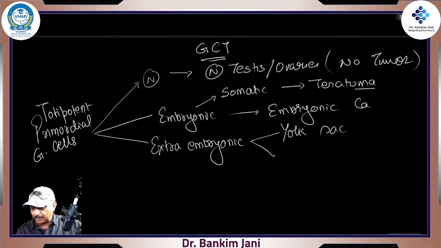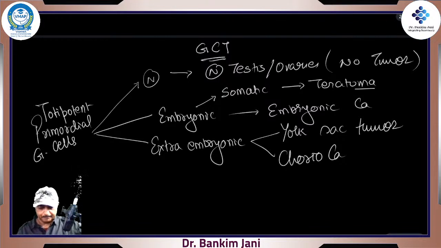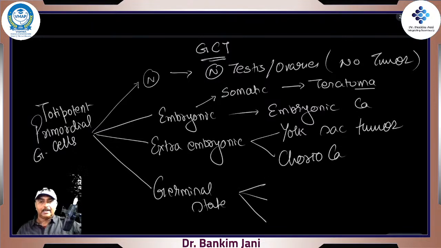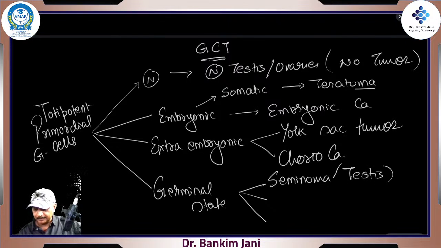Okay, so the yolk sac tumor or choriocarcinoma, CA is carcinoma. And the third, this is when it is into the germinal state. That is the seminoma in case of testis.